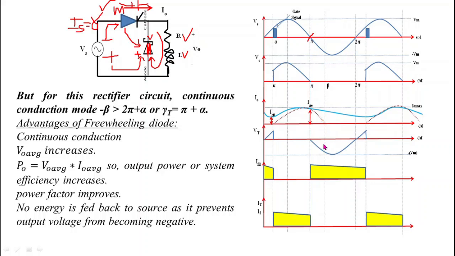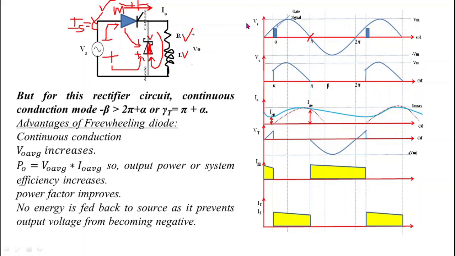Now in case of this rectifier circuit where we use the freewheeling diode, we get source current not equal to output current. This is one more important point. When the freewheeling diode conducts, source current becomes 0, but I0 is still flowing. That's why we get I0 not equal to Is.